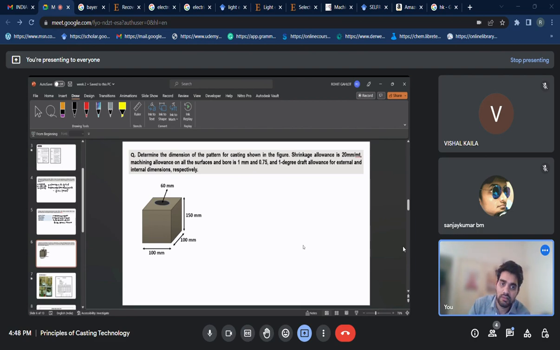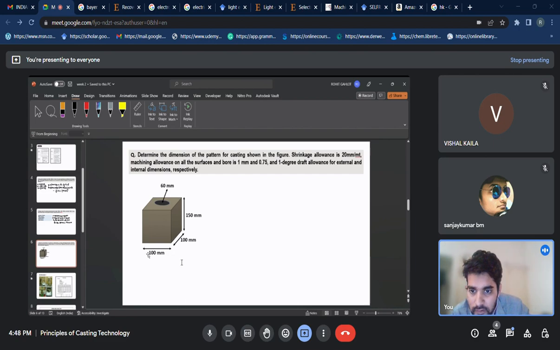What you need to do is firstly calculate the shrinkage allowance, then the 1 mm and 0.75. This is the taper thing: the top side is 1 mm while the bottom side is 0.75, and finally the draft allowance is given as 1 degree.